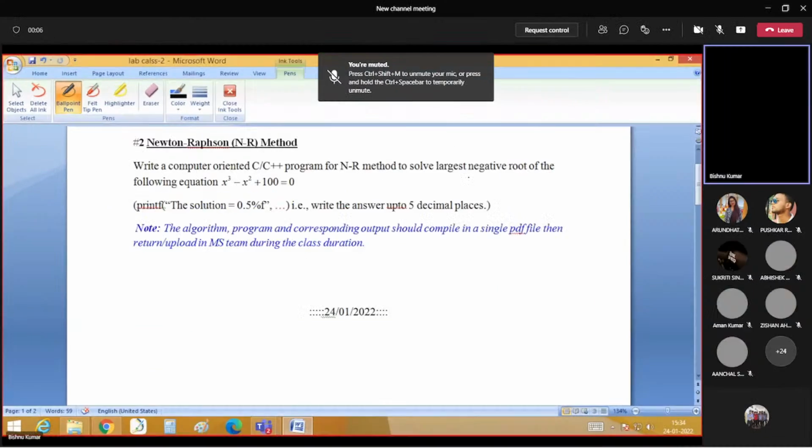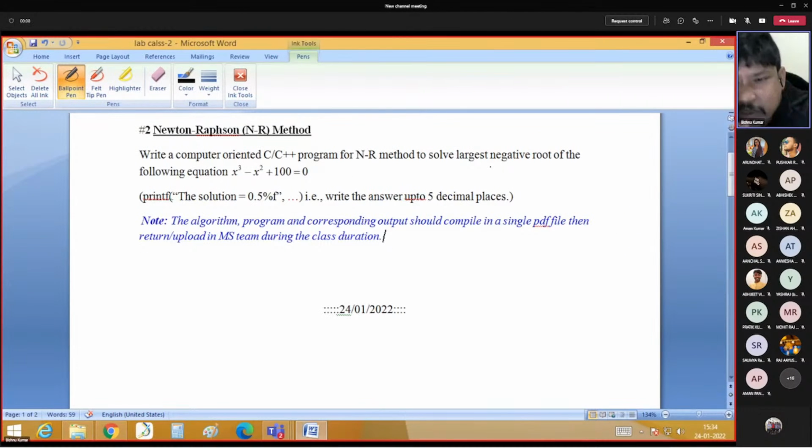And in your problem, it will be asked to you, suppose, find out the positive root or negative root. In here, I have included two words. For the positive root, I used the smallest positive root, and for the negative root, I am asking you to solve the largest negative root.